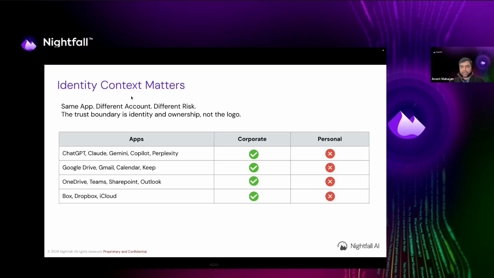I'm sure a vast majority of you may have provisioned access to corporate usage of some of these AI applications or agentic workflows, but you would want to prevent that if they're using personal accounts for those same AI accounts. And the trust boundary is really what is the identity, who's the ownership, and not really a brute force blocking capability if they're using ChatGPT or Gemini or whatnot.